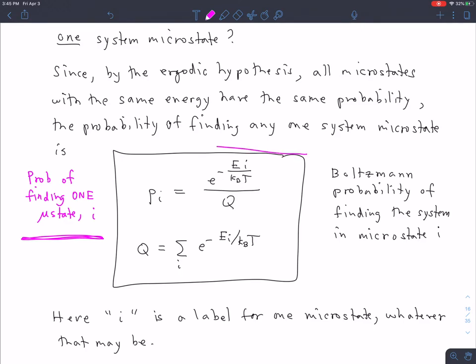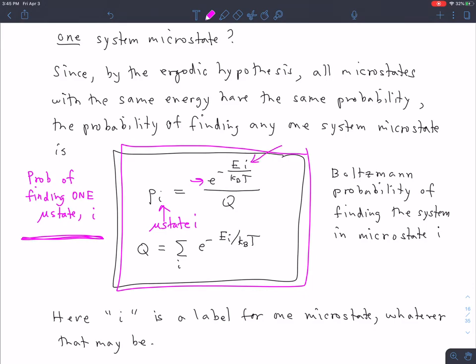So here's the Boltzmann distribution as it's normally written. It says that the probability of finding one microstate, and I'm calling it microstate i, and what that i means may vary a lot from time to time, but it's a label for one microstate, whatever that happens to be, is equal to the exponential of minus E, the energy of microstate i, divided by this quantity k_B T, which is basically, we'll see in a minute, the available thermal energy.